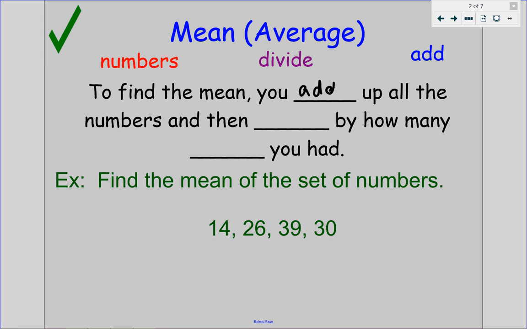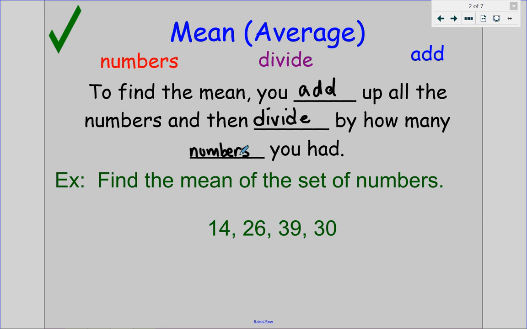You add up all of the numbers, and then divide by how many numbers you added up.